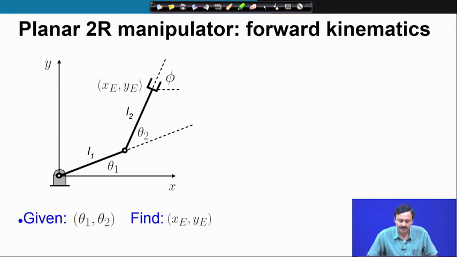If you calculate the degrees of freedom, you have links, a ground link, this and the third link. So, there are 3 links.